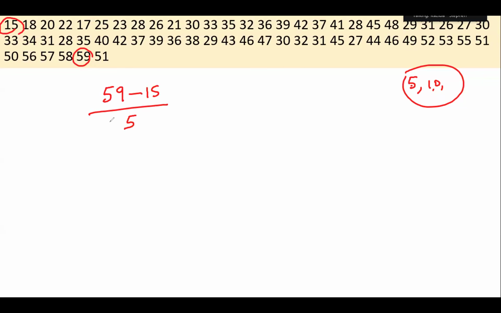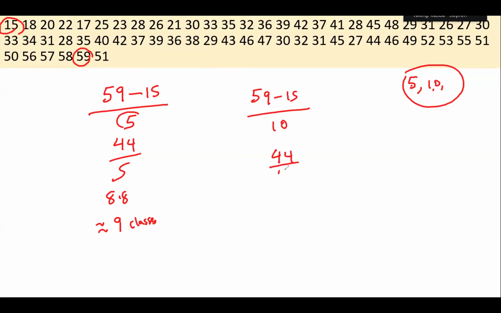So 59 minus 15, you get 44, divided by 5, you get 8.8. This means that if you use an interval of 5, you are going to generate 9 classes. Now for the second one, 59 minus 15 divided by 10, you have 44 out of 10, which is 4.4, meaning here you are going to generate 5 classes.